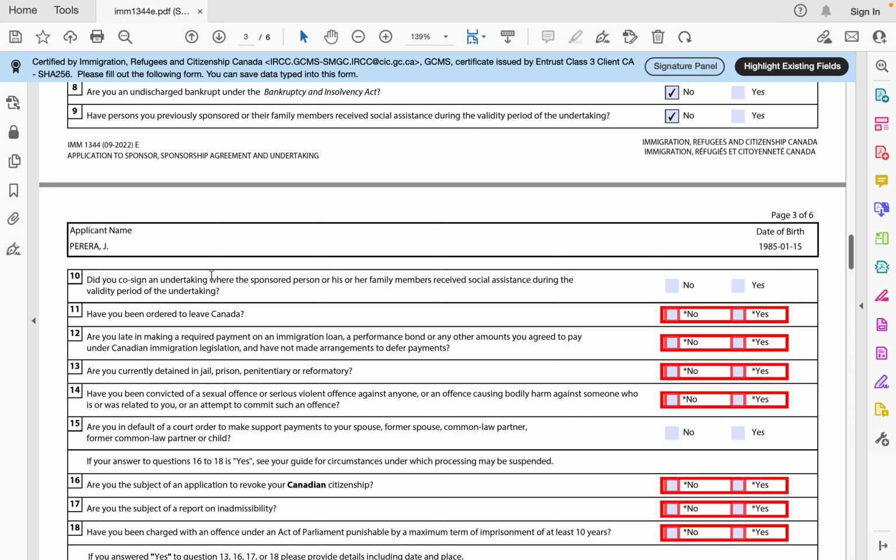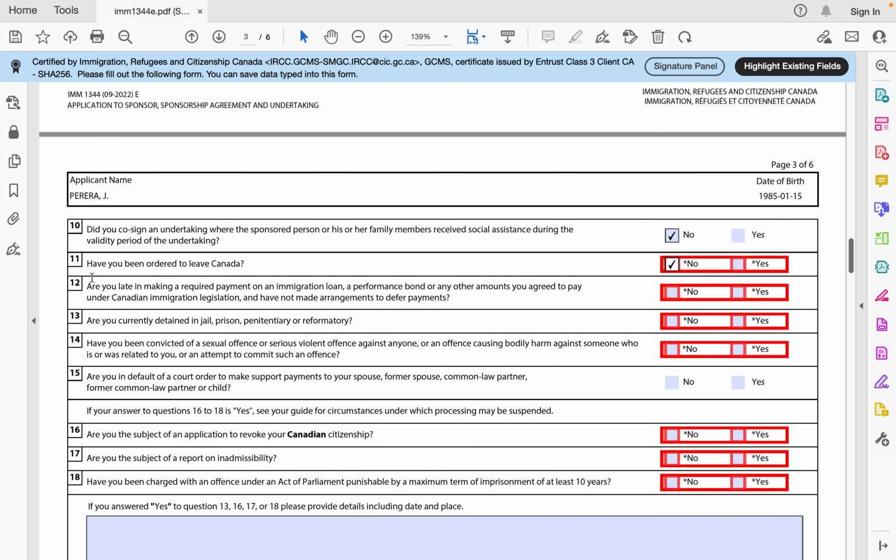Did you co-sign an undertaking where the sponsored person or their family member receives social assistance during the validity period of undertaking? No. This is because it is asking whether you co-signed an undertaking, which was not the case. Have you been ordered to leave Canada?